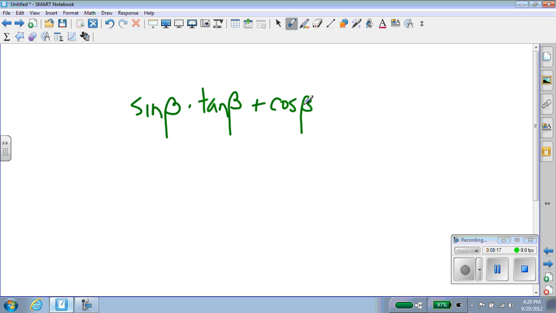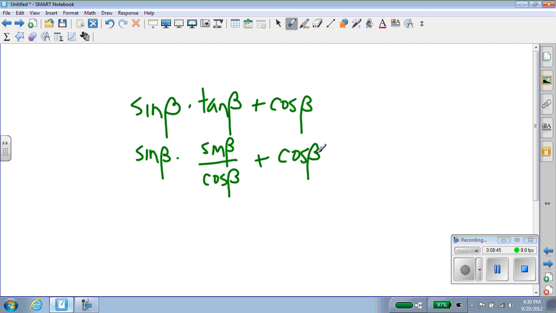I don't have squares, so I'm not thinking Pythagorean identity right now. I'm going to replace tangent beta with its quotient, sine beta over cosine beta. So sine beta times sine beta over cosine beta plus cosine beta.